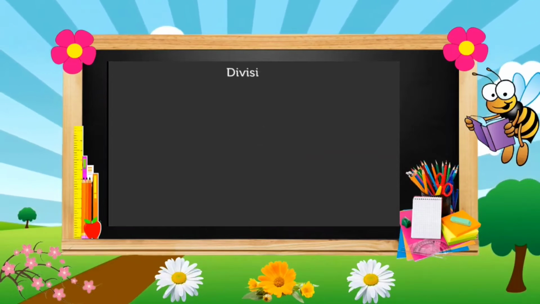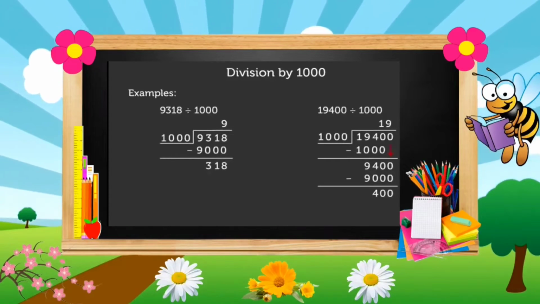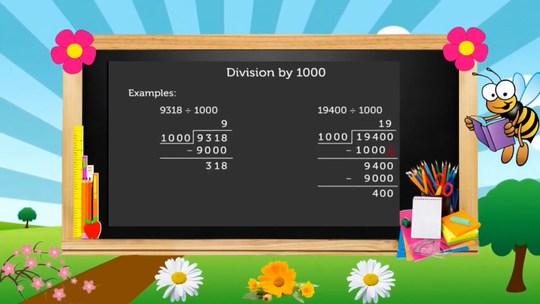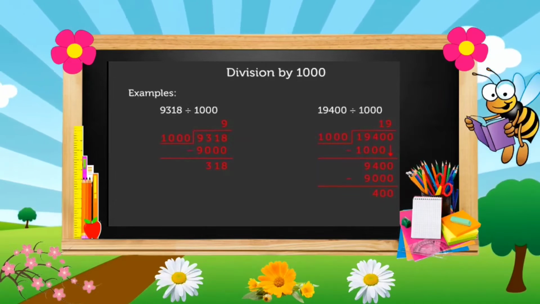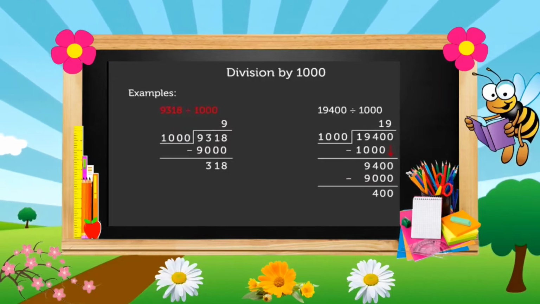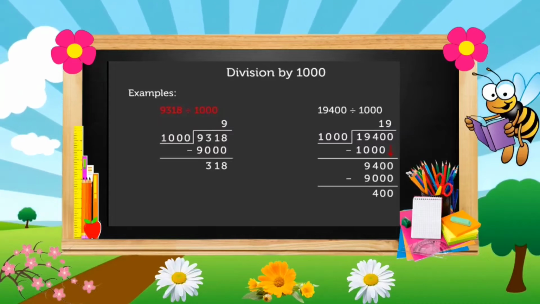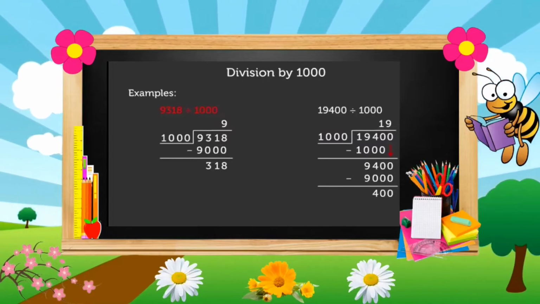Next is division by 1000. Look at the board. We have solved the two examples by the division method. Look at the first example. 9,318 divided by 1000.